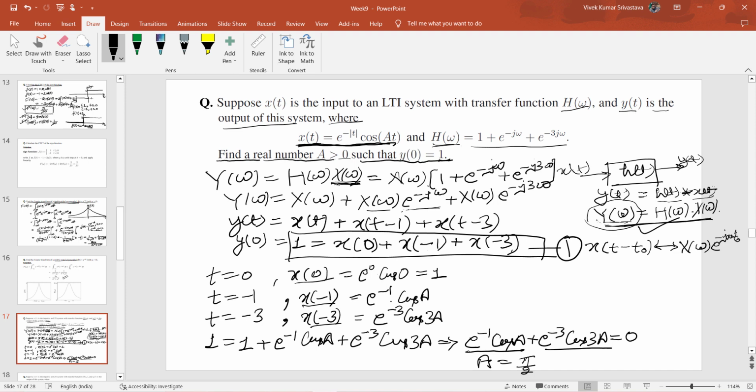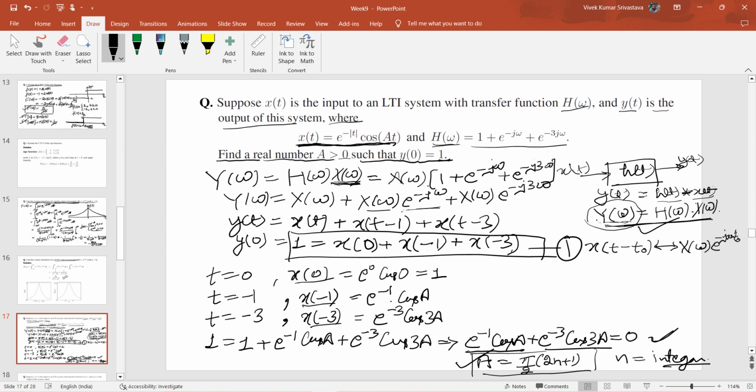So for this value of a, this condition will be satisfied. Hence the value of a should be equal to pi by 2 into (2n plus 1), where n can be any integer. Okay, so this is the value of a for which y of 0 is equal to 1. So any problem, any doubt in this numerical?